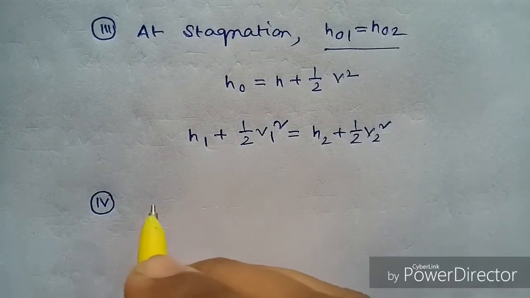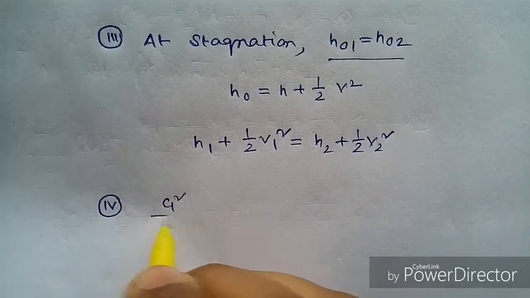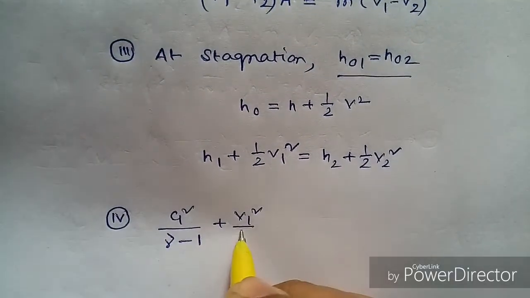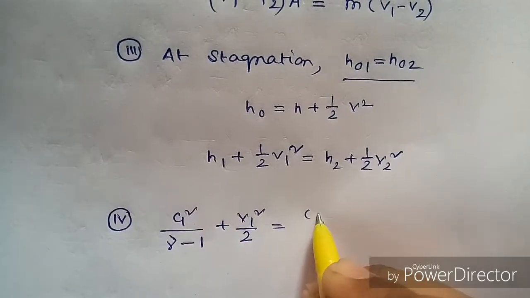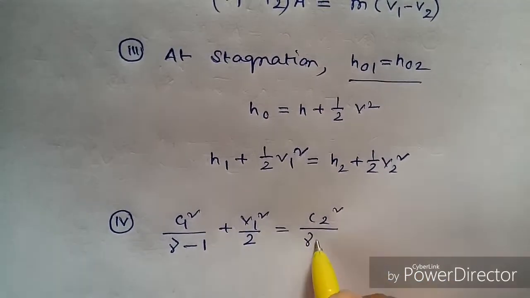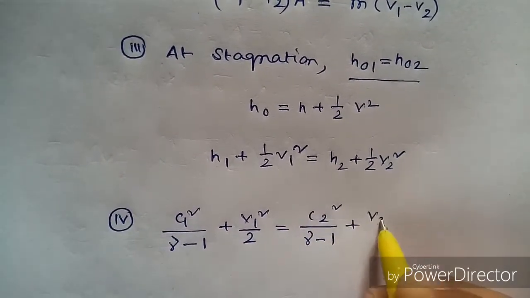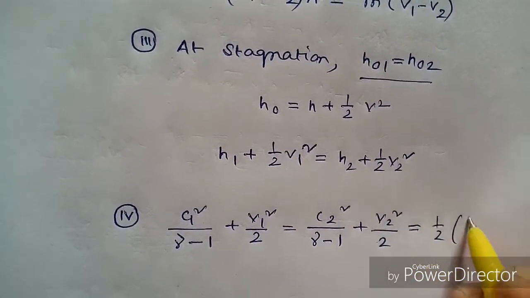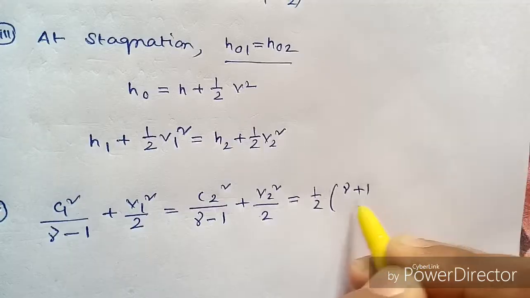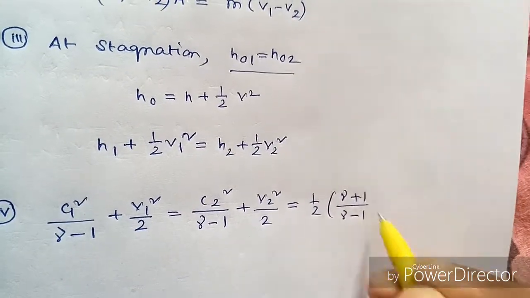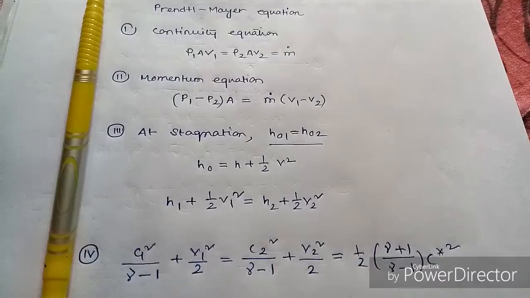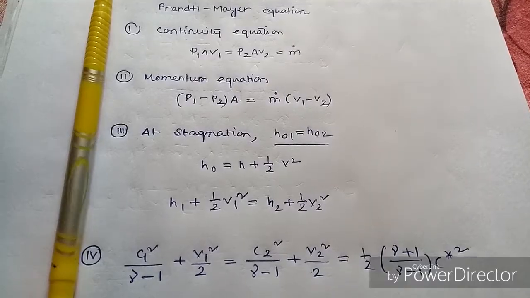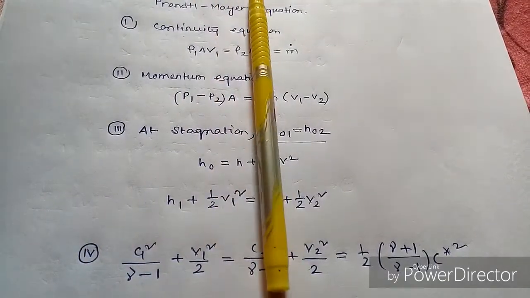Next we require to remember this. Therefore, to derive this Prandtl-Meyer equation, we have to remember these 4 equations. Then it is very easy to derive.